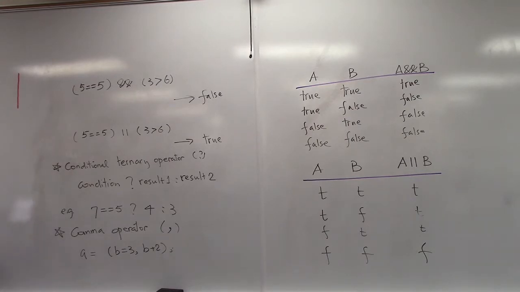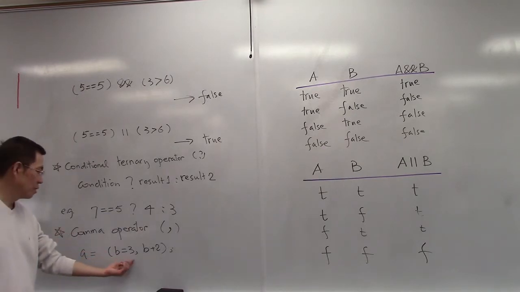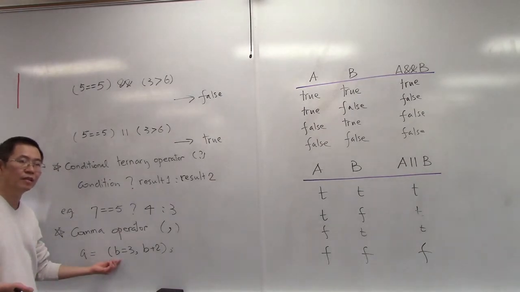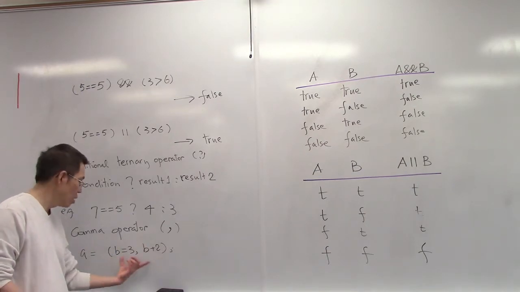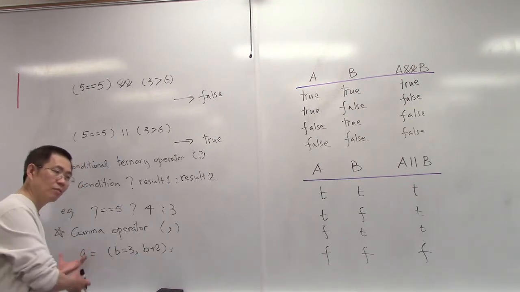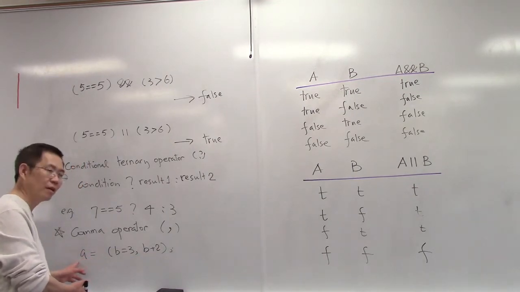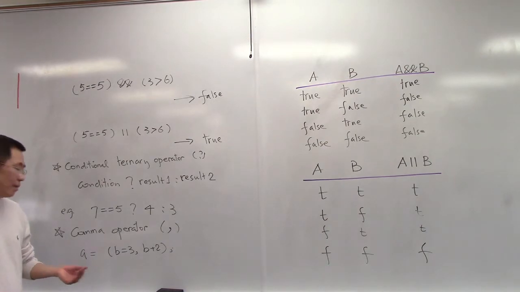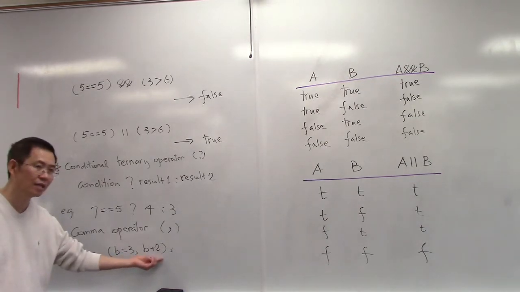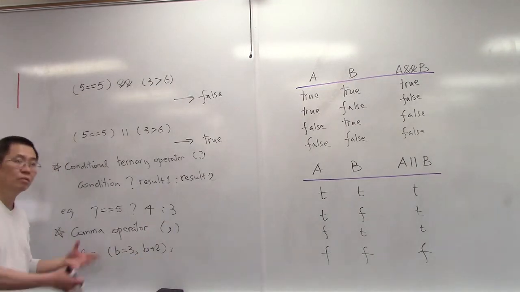This will first assign the value 3 to B, and then assign the second expression B plus 2 to the variable on the left side of the assignment. So what happened is, the thing in front of the comma operator is operated first, and then the expression behind it is operated second. And this whole expression takes the second value to do whatever is next. In this case, it will be assigned to the value of A. Again, it makes the expression more concise but reduces the readability of a program. Okay?